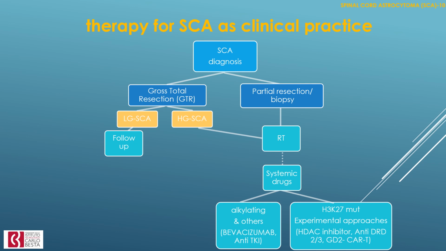Systemic drugs are usually used when the disease recurs, and can include alkylating agents or other antityrosine kinase inhibitors, and we are still waiting to get some results about other experimental approaches, including H3K27M mutant targeted approaches.